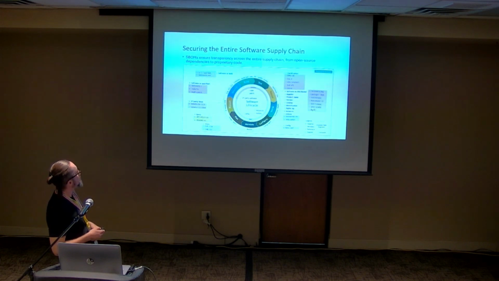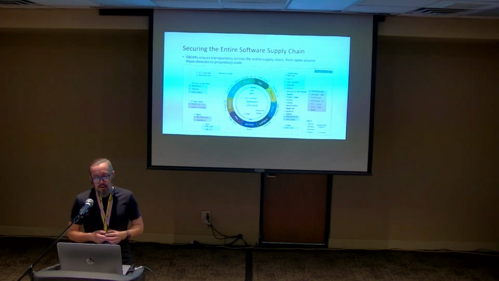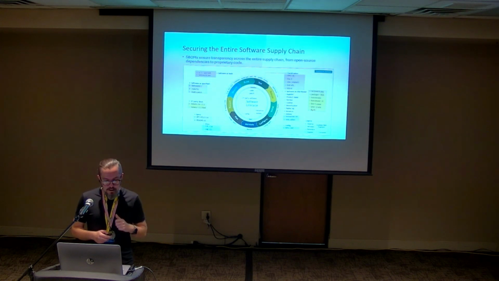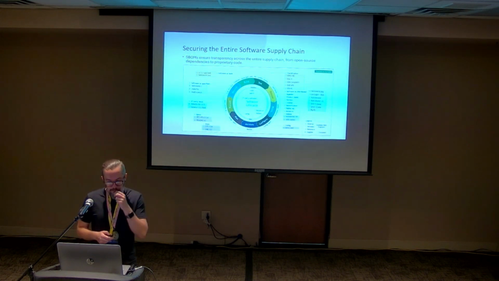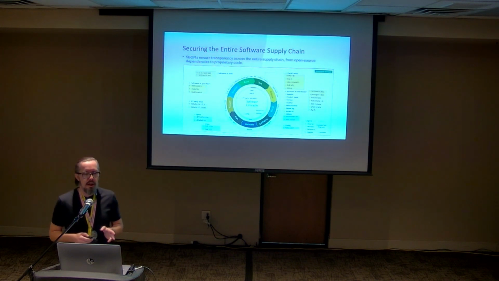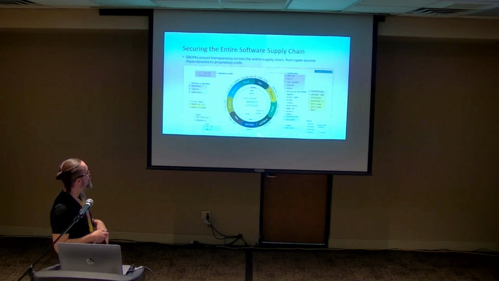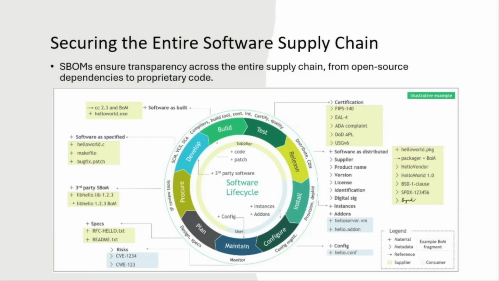I don't know if you can see the slide. This is from NIST. They have this nice diagram illustrating the life cycle of the software bill of materials. There are different parts in the supply chain and different steps of the process.